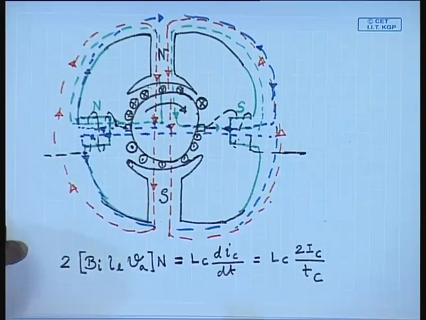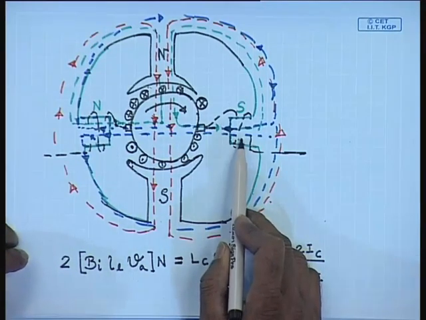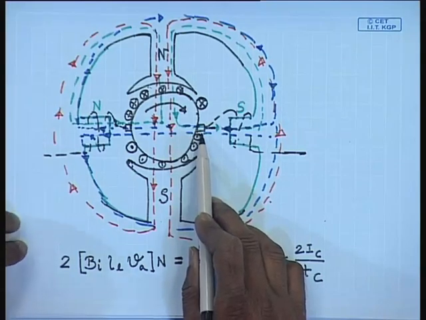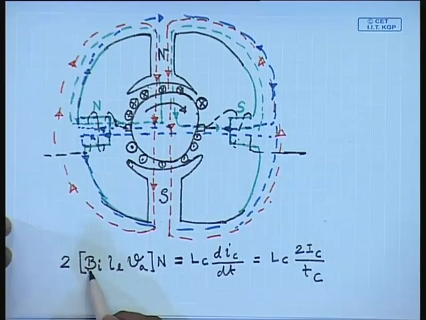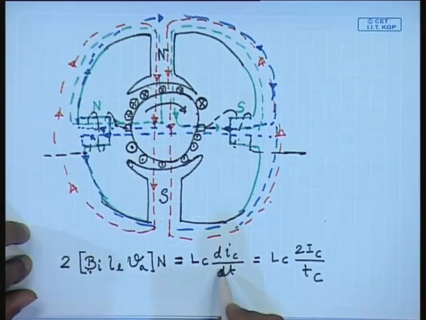So, ideally what we should have is that the interpoles will not only compensate the armature reaction ampere turns, but in addition it should also generate a flux density at the interpolar location such that the voltage induced in the coil undergoing commutation due to that flux density cancels the voltage induced by the leakage inductance of the coil undergoing commutation.